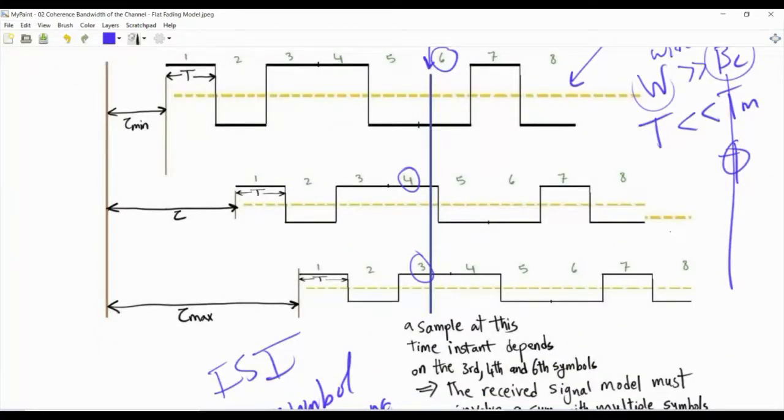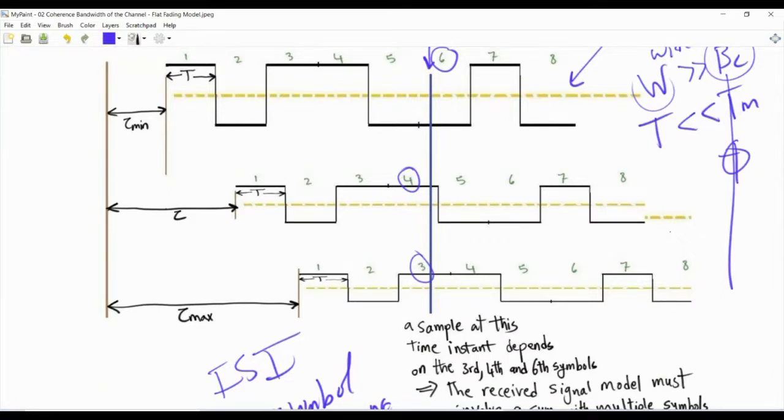If you want to write an accurate model for your received signal, accurate from a practical point of view, because we have already made many assumptions, but to make something that actually works, you will have to take this into account.